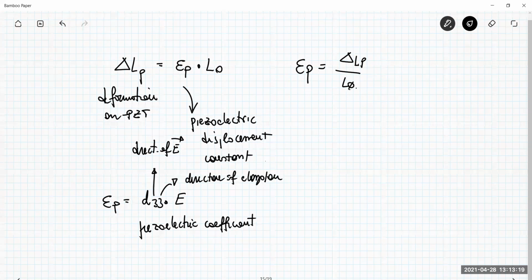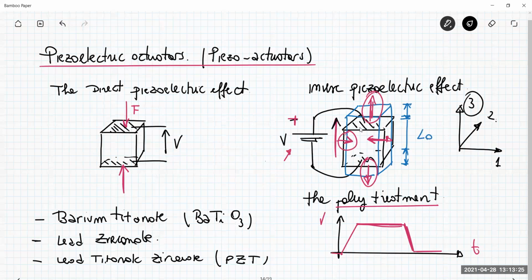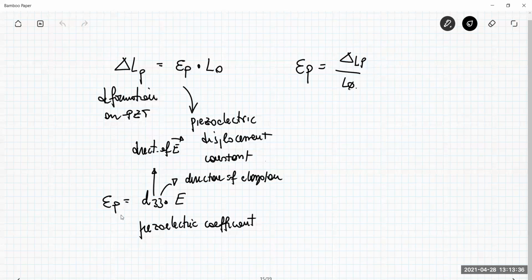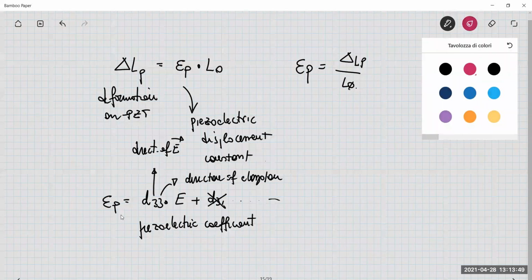In this case, D33 means that I am applying this electric field by means of this voltage along the vertical direction, and I get the maximum elongation in the same direction. Of course, this equation neglects all other contributions, for example D31, which can be skipped in our first approach.